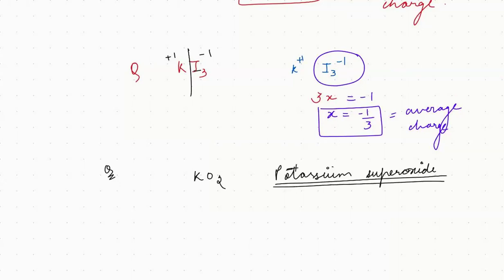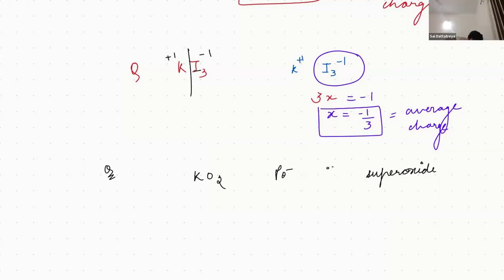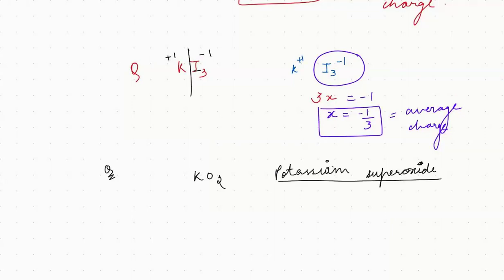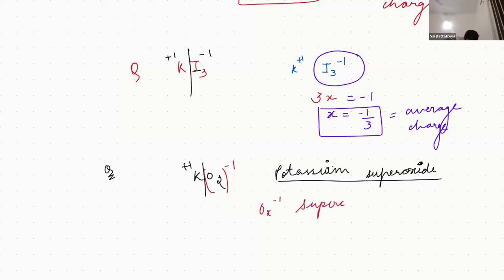Potassium carries a +1 charge, and O2 -1 is a superoxide radical. You understand?